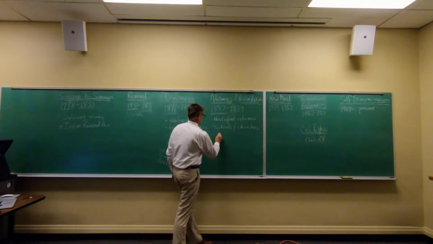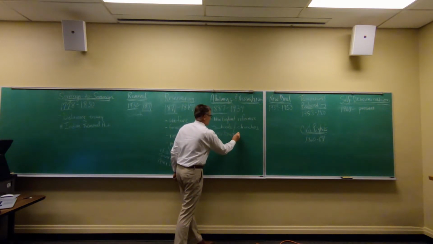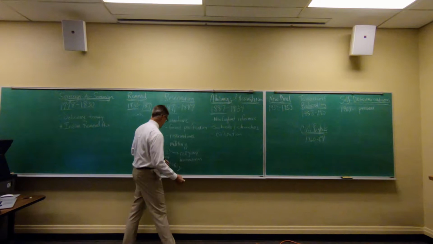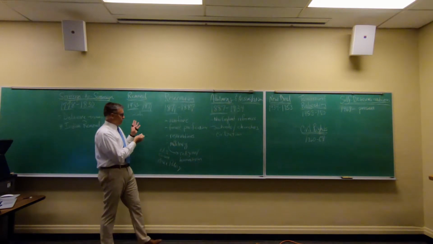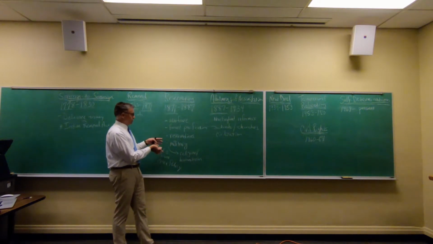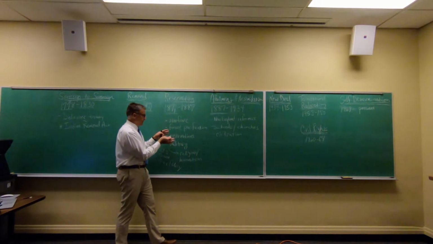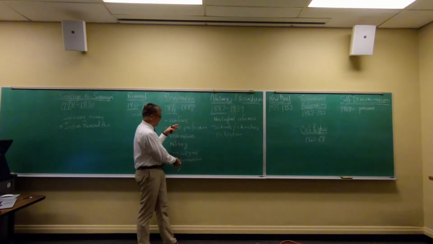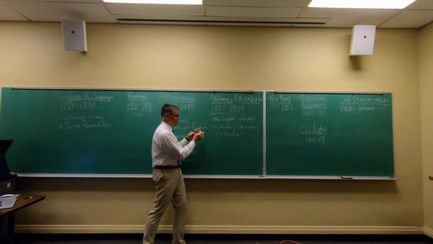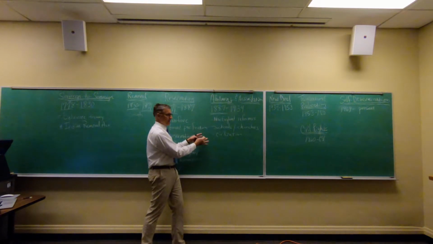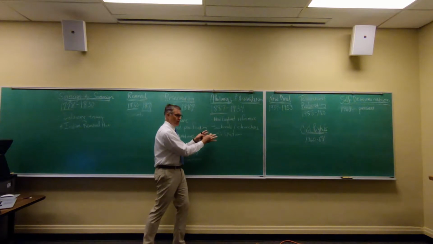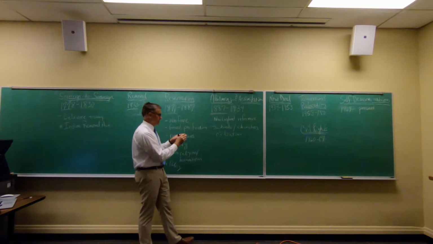So this era between removal and Indian wars, forced removal, transitioned into a period of trying to do something good for the Native peoples, to try to get them to integrate into American society.